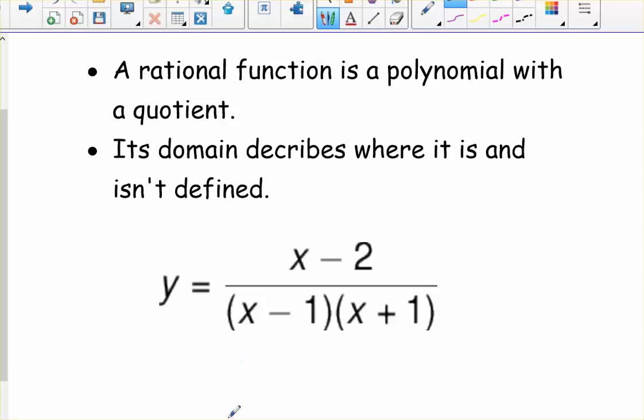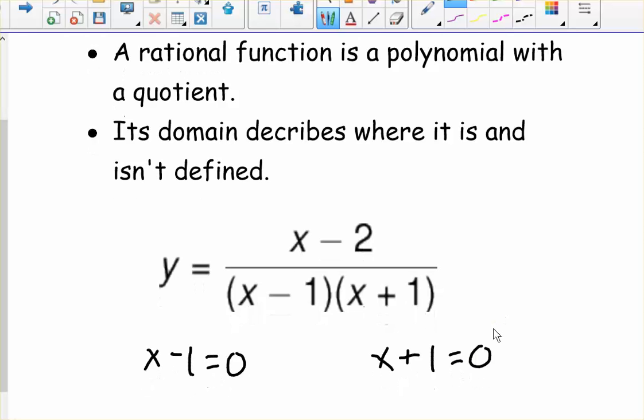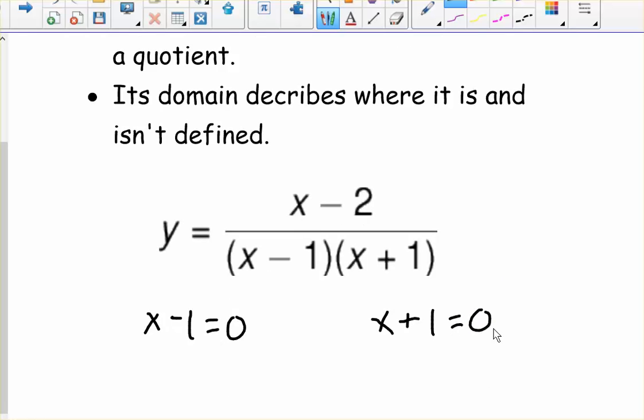Okay, so the way that we do that is we take each one of these parts, or sometimes there's just one factor, and we're going to set it equal to 0. So let's let x minus 1 equal 0, and let's let x plus 1 equal 0. Now these are pretty easy equations to solve, right?